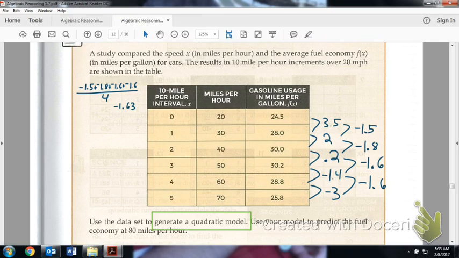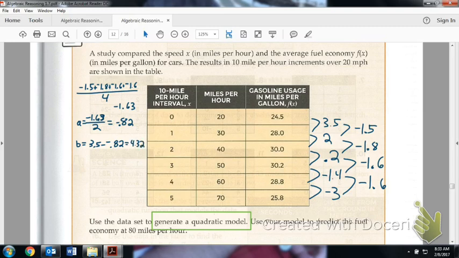So if I divide that by 2 to get my A value, negative 1.63 divided by 2 is negative 0.815, so I'll say negative 0.82. That's my A value. Your B value is that very first difference, 3.5, minus your A value, so 3.5 plus 0.82 equals 4.32.